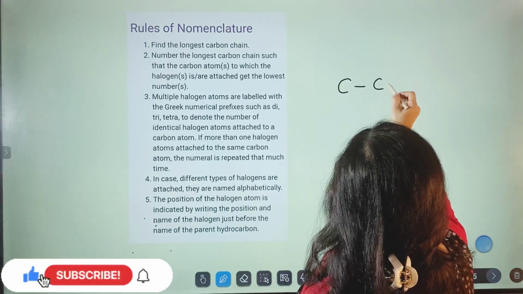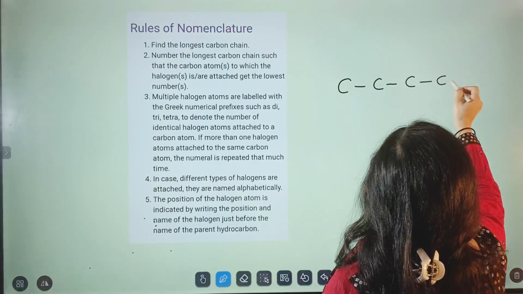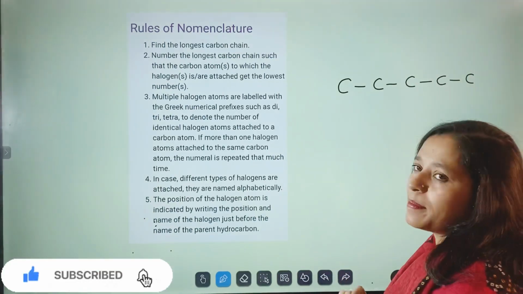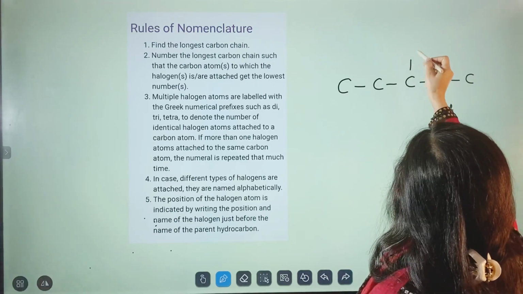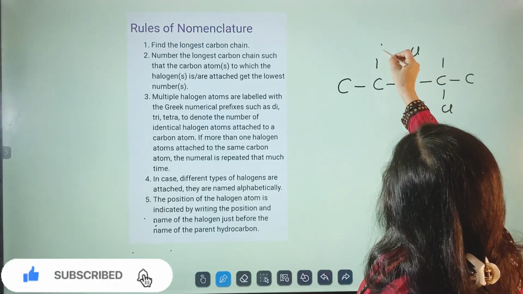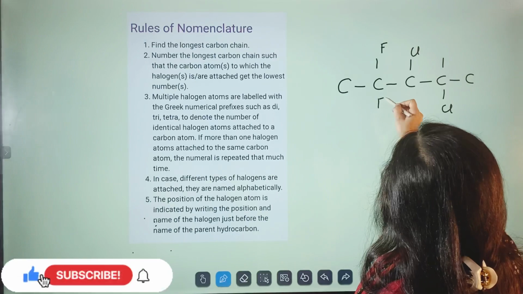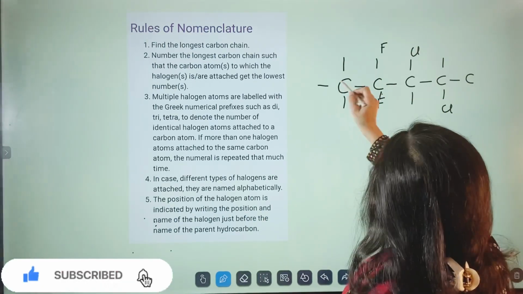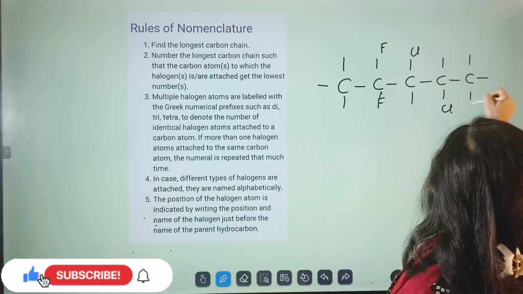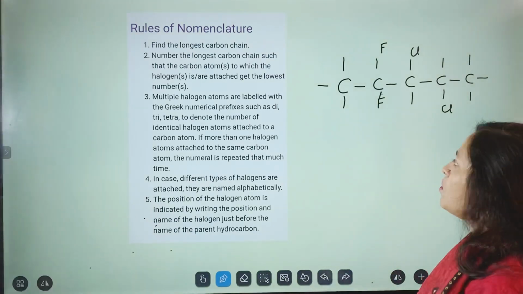For example, I am taking this chain of 5 carbon atoms. Now I am attaching some halogen atoms here. Okay, so this is our compound. Now how will we name it?